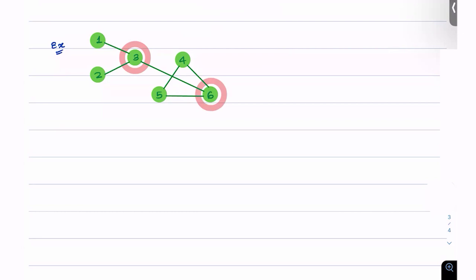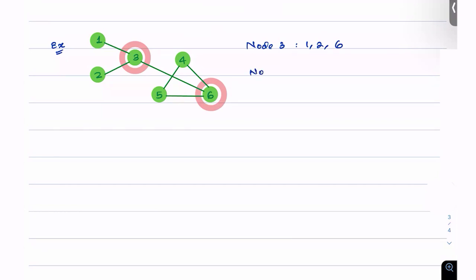But let's analyze this in order to apply Bonacich's theory. For node 3, the neighbors are 1, 2, and 6.